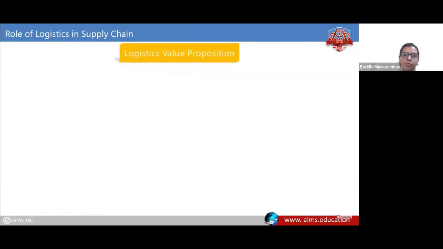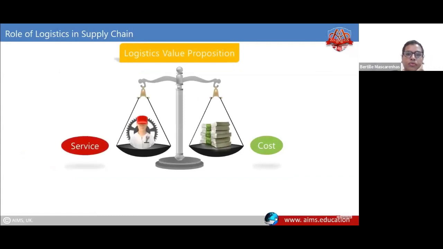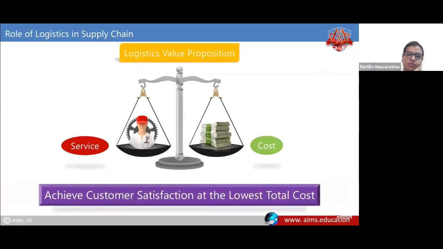Logistics value proposition. Managers must be able to balance logistics costs against the appropriate level of customer service. Logistics are usually managed as an integrated effort to achieve customer satisfaction at the lowest total cost. Therefore, service and cost minimization are 2 key elements in logistics value proposition.